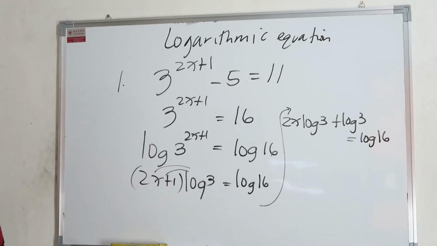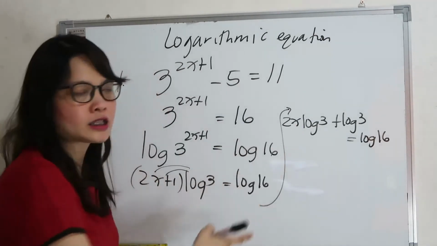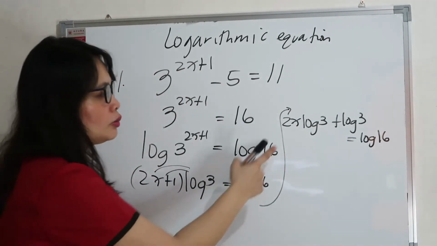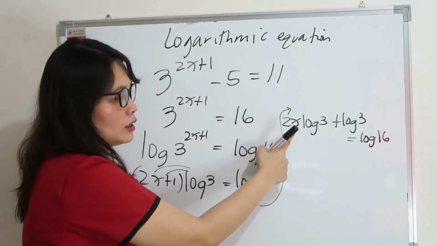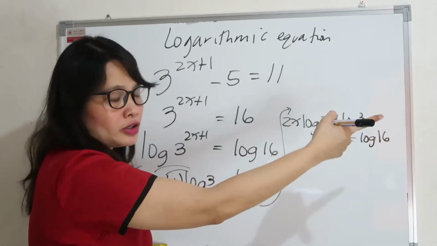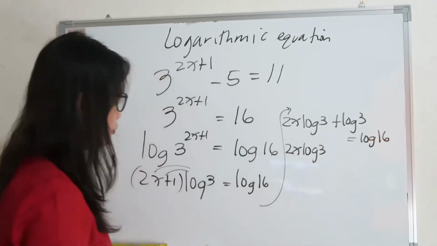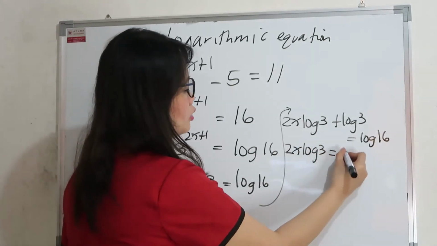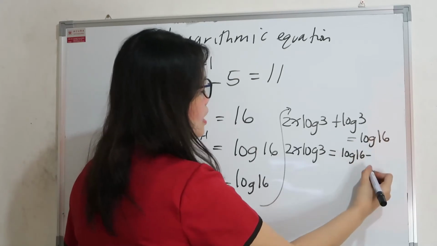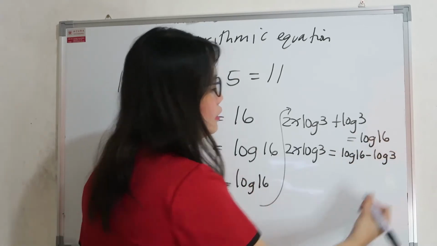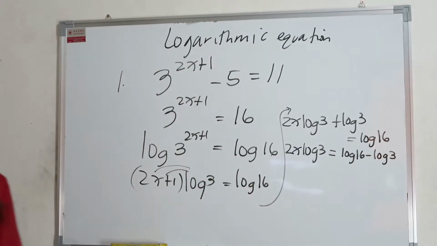Now, our main goal is to solve for x. Transpose log 3 to the other side, so that becomes 2x log 3 equals log 16 minus log 3. What's next?